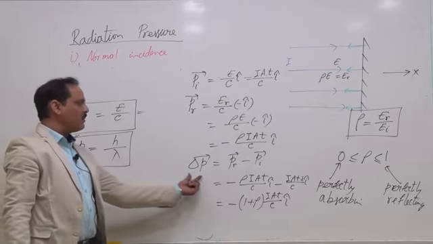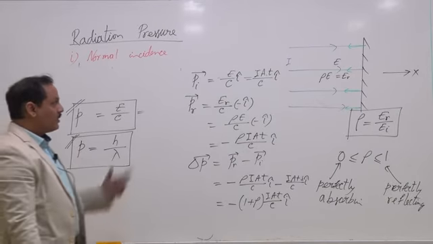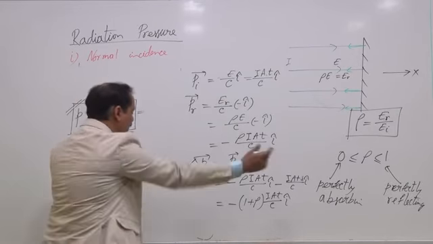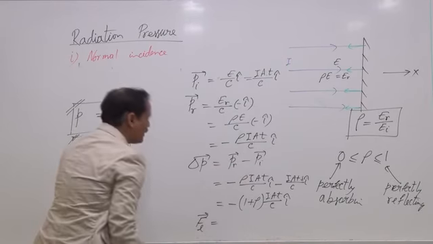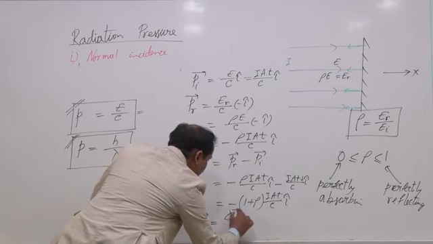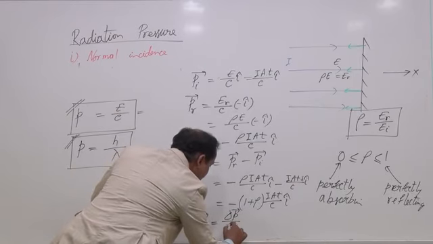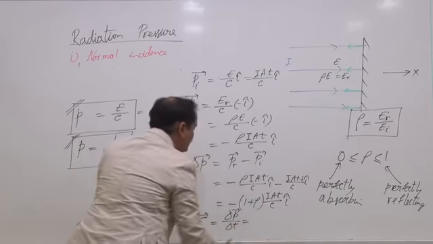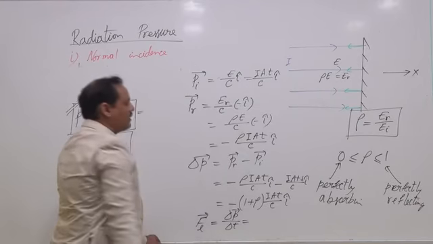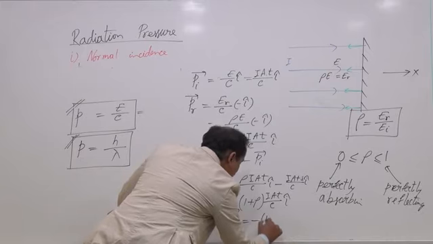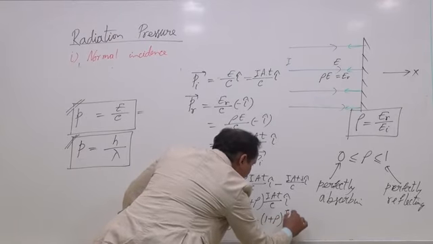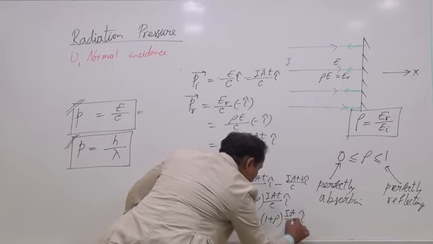This is the change in momentum of light. So what is the force experienced by light? FL is equal to the rate of change of momentum, dP by dt. If it happened in time t, it can be written as minus (1 plus rho) IA by C i cap.